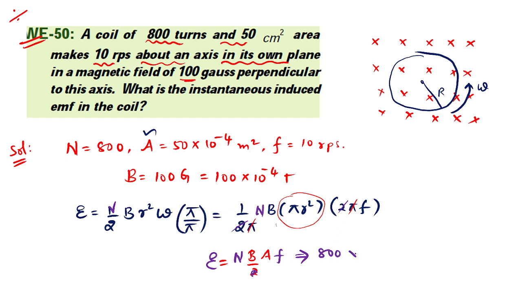800 plus the magnetic field here. I can cancel 10 power minus 2 only, because here it will cancel. Then the area we have as 50 into 10 power minus 4. And then the frequency is 10. Give me the answer. How much, buddy?